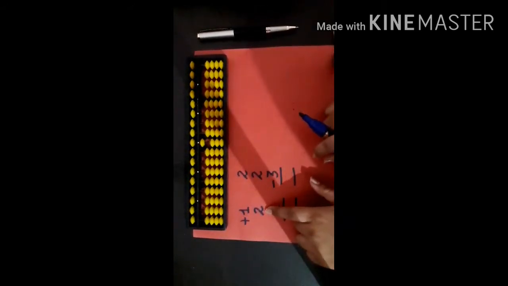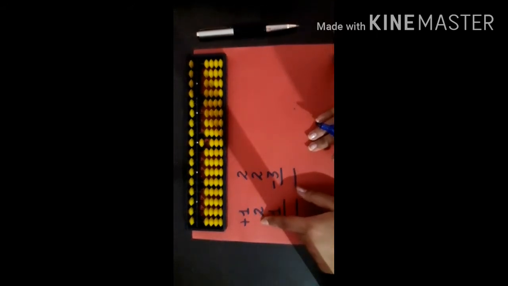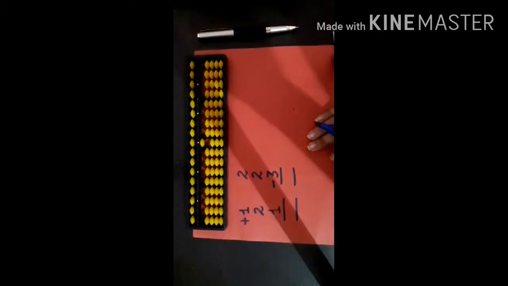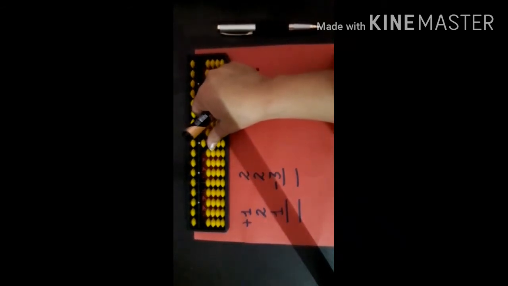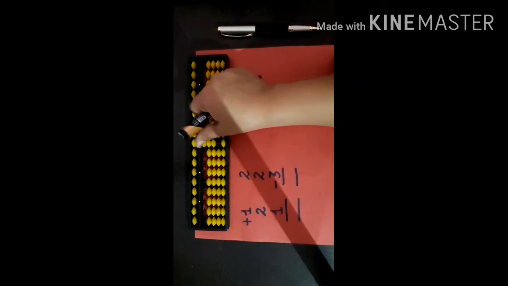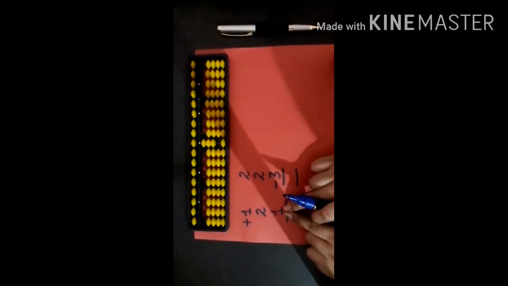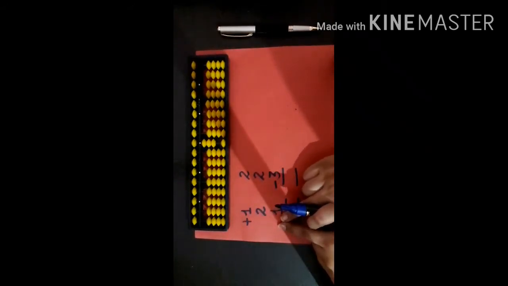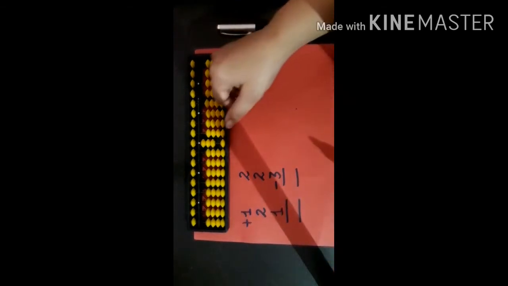Now you have to add 2. See, in front of 2 no sign is there, means you have to add this number. You will add 2 like this. 1, 2. For add you do up, for minus down. Now again 1. In front of 1, is any sign there? No. This means you have to add 1. So add 1.